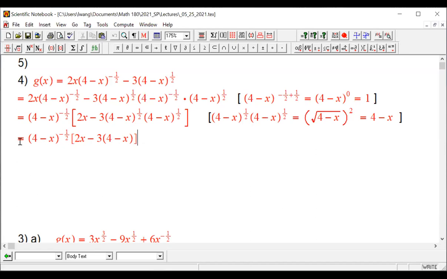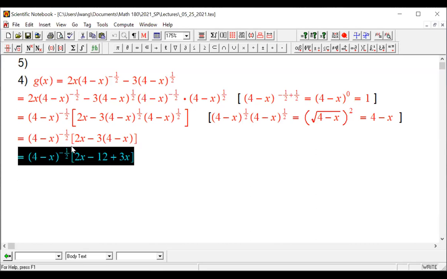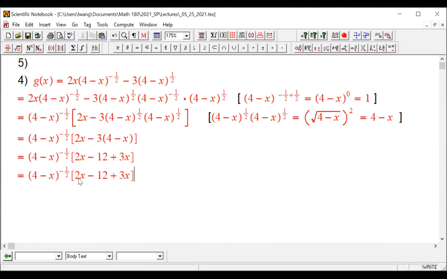Of course, we can simplify that. So 2x minus 12 plus 3x. So in the end, we got that. That's 5x minus 12. And you can change it to parentheses if you wish.